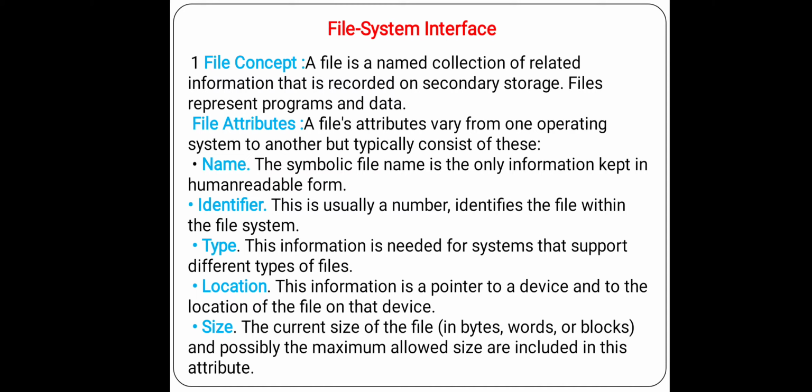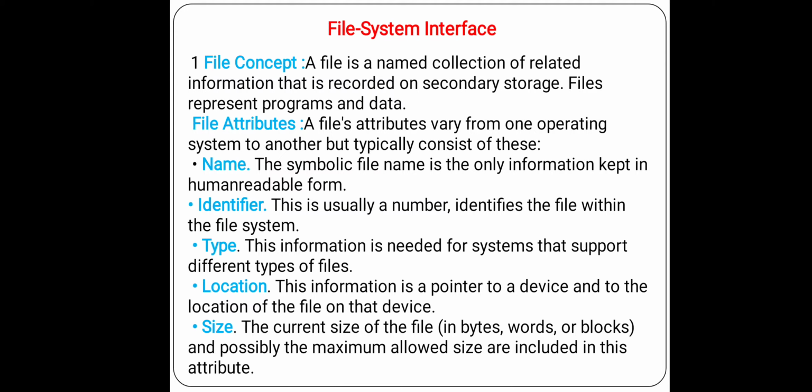It always represents how much memory is occupied by that file, in the form of either bytes or words or blocks, and it is better to represent the maximum size also. I mean, the file must be a maximum of 2 GB, or 3 GB or 4 GB, something else.